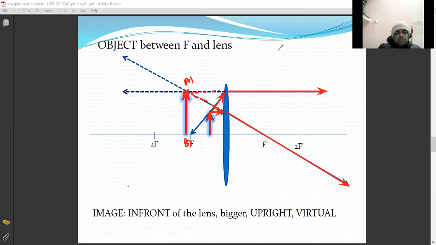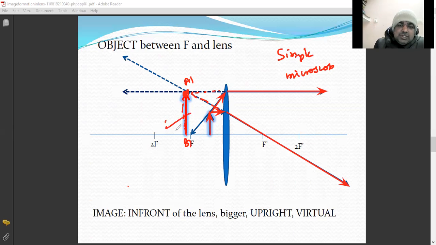So this property is used in a simple microscope. A simple microscope is simply a hand lens. If you want to see small objects with a hand glass, you can use this property. The characteristics you should see, which are very important to understand: when you draw the diagram, you draw this dotted line.